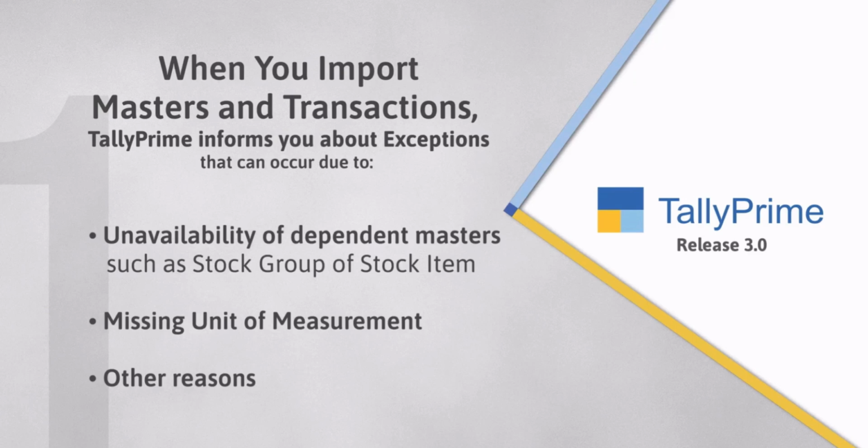For example, a stock item is imported, but its parent stock group is neither a part of the data to which it is imported nor in the exported file. It may also happen that the unit of measurement is not present in the destination company. In such cases, TallyPrime identifies the master as exception. The masters or vouchers with exceptions will not be a part of the company data until you resolve the exceptions.